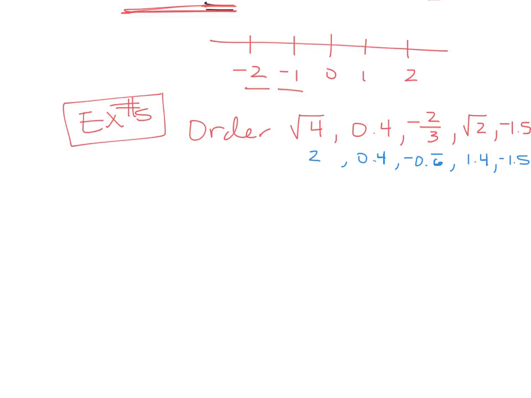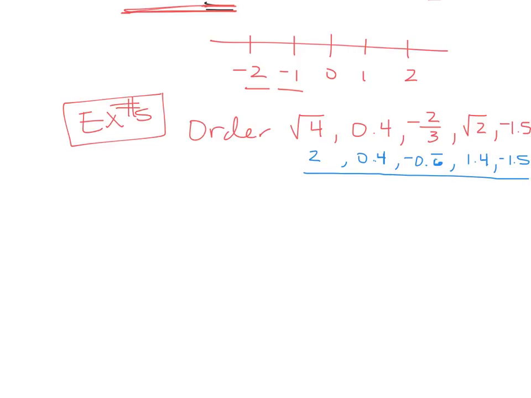So if I want to put these in order, I'm not going to put them in order using the blue. I'm going to put them in order using the red. But the blue is what's going to help me put them in order. Okay, so look at my blue numbers right now. Which one's the smallest? Not 0.4.